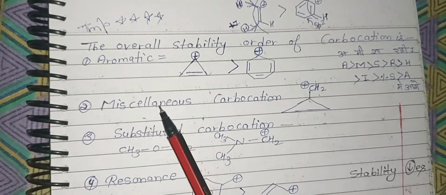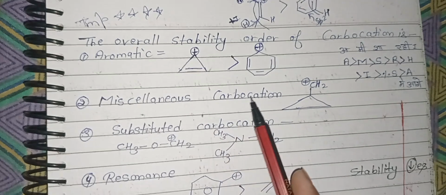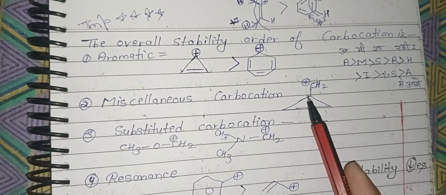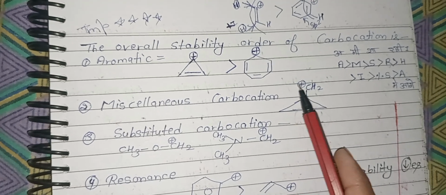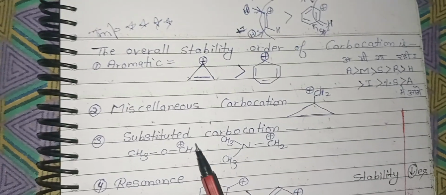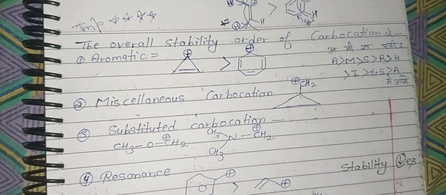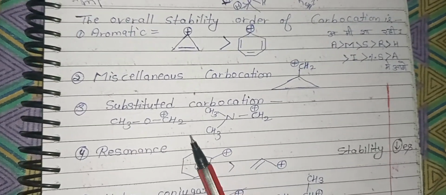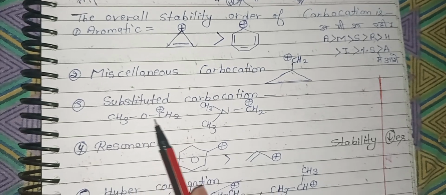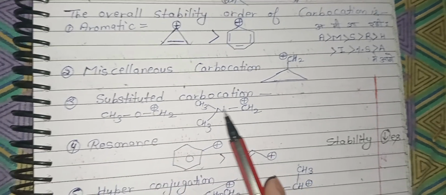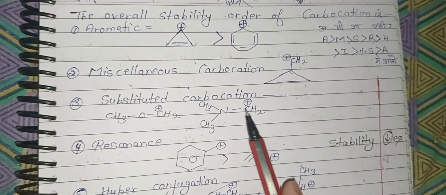Second, the miscellaneous carbocation. Here the miscellaneous carbocation means we have this compound, which is called plus CH2. Third, the hetero-substituted carbocation. Here it is substituted because oxygen is attached to this, and here nitrogen is attached to this.